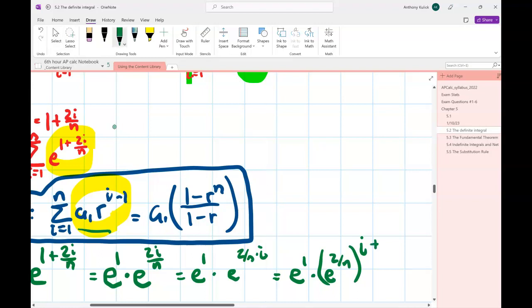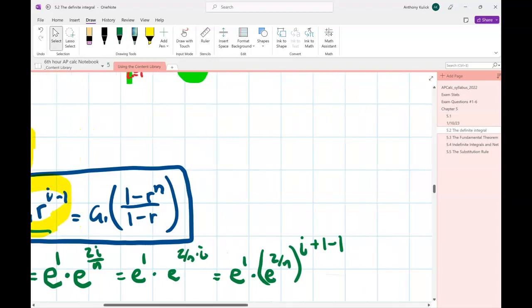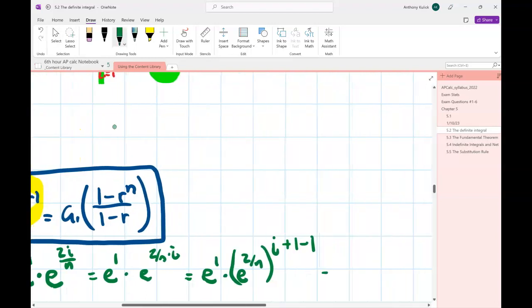The easiest way to do that is just to put a plus 1 and a minus 1 on it. Everybody's good with that? And with the plus 1, I can do the same trick that I did before.